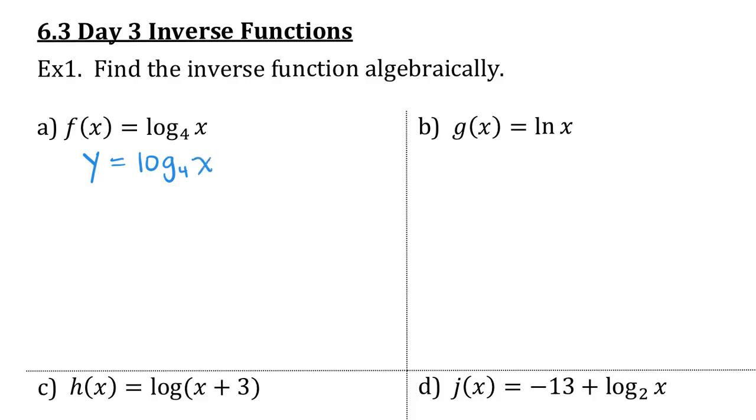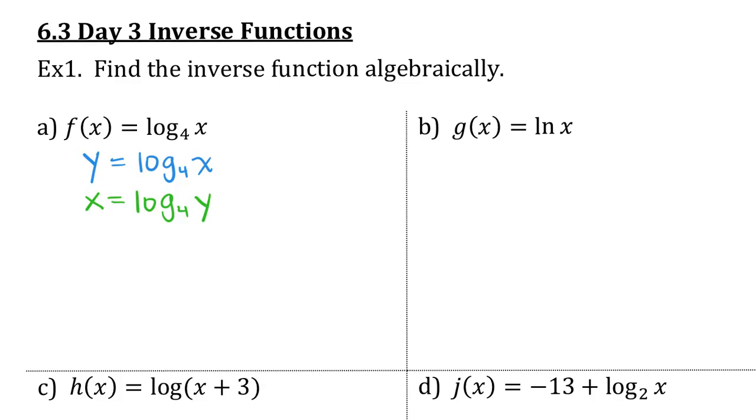To find the inverse, the x and y interchange, so the y becomes an x, and the x becomes a y. Now normally we solve for y after this. We don't really know how to solve for y, but we do know how to rewrite this in exponential form, so we're going to do that.